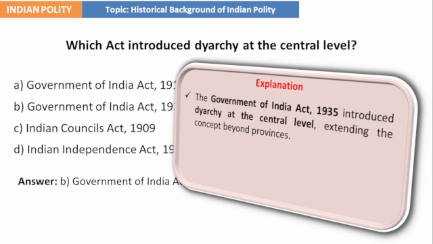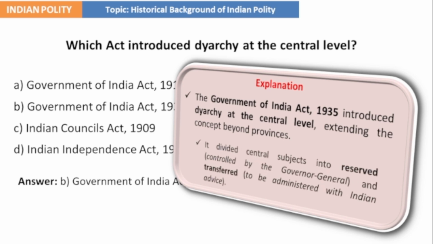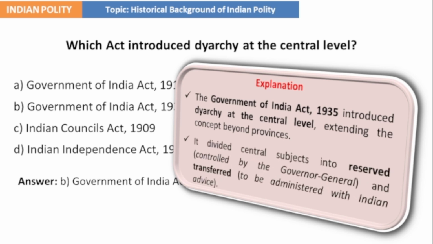The Government of India Act 1935 introduced diarchy at the central level, extending the concept beyond provinces. It divided central subjects into reserved, controlled by the Governor General, and transferred, to be administered with Indian advice.